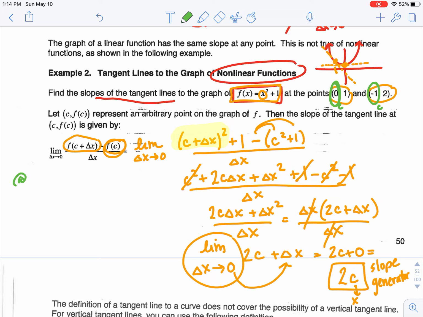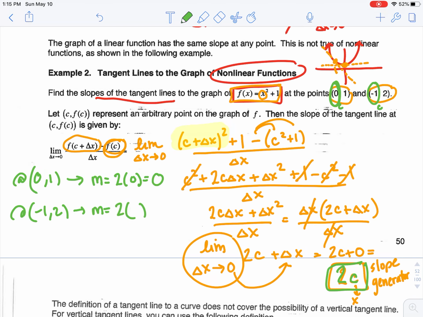So let's see. For the point (0, 1), I'm going to plug into this equation 2c. The slope is going to equal 2 times 0, and so I just get 0. At the point (-1, 2), the slope is 2 times negative 1, so it's negative 2.